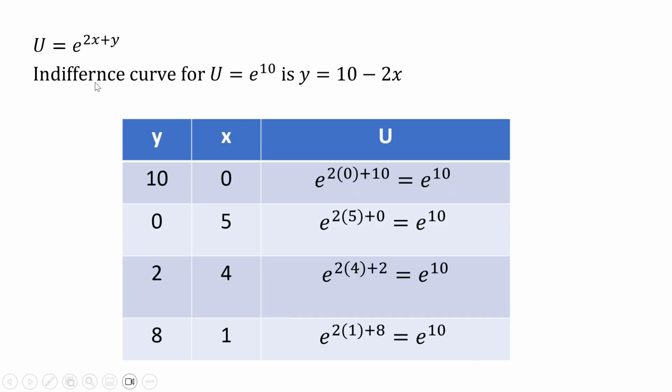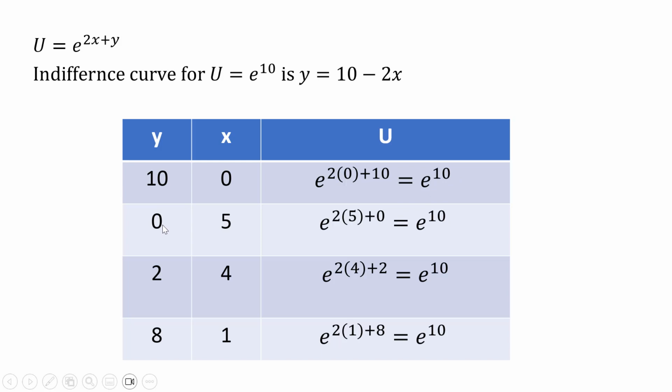And if we wanted to come up with some various values of x and y that give the consumer exactly e raised to the power of 10 units of utility, we could form a table here. And so if x is 0, plugging that into our indifference curve equation, y is 10. That is a combination that gives us a utility of e raised to the power of 10.